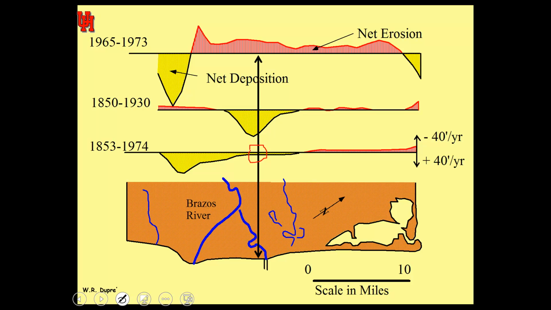But if you look at the interval until 1930, just prior to the diversion, this was the delta. And then if you look at what's been going on, actually, we could have looked from 1930 to 1973. I just took a shorter interval. This is where the deposition has been shifted now to here, and this is erosion.